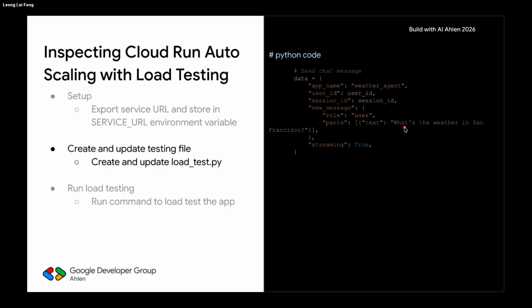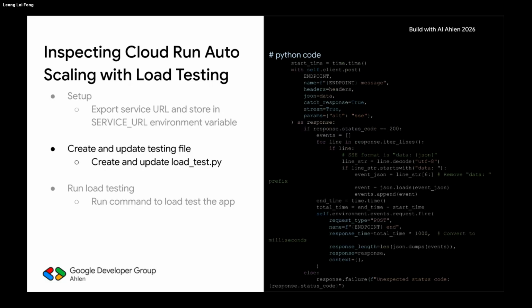Instead of New York, we are asking about a different city, checking what the weather is in San Francisco. Then we call the client post and get the response. If it is able to get a response, it returns the reply. If not, we just expect the status code, meaning there's an error and so on.